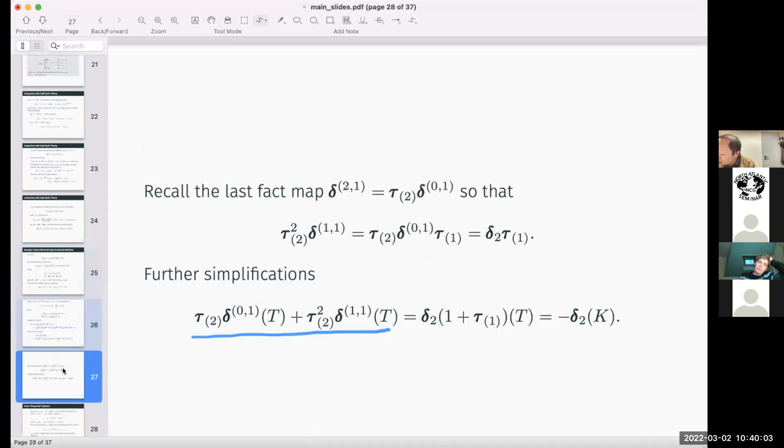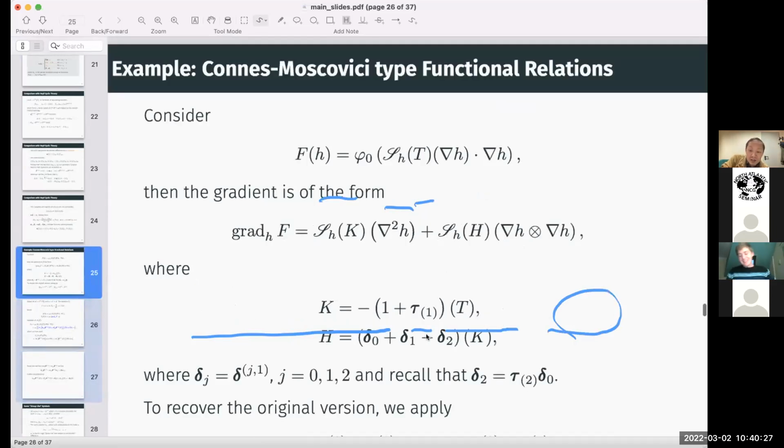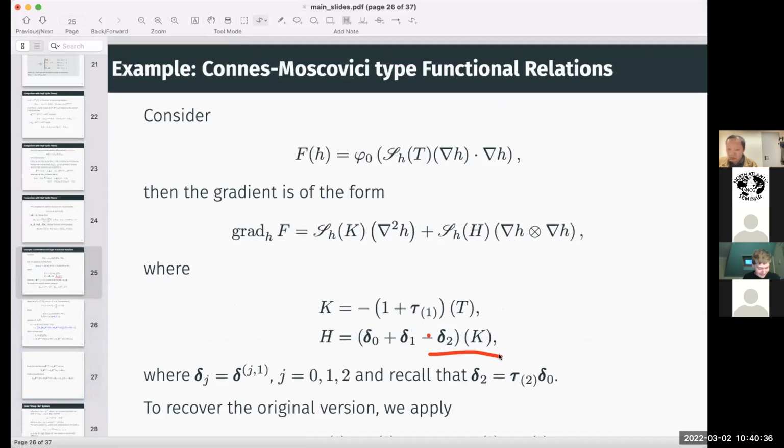You notice that tau of this delta 0 is simply delta 2. After one more, this can be simplified to delta 2 of 1 plus tau. And then this is a minus delta 2 of k, which is exactly the very last term of the functional relation in here.